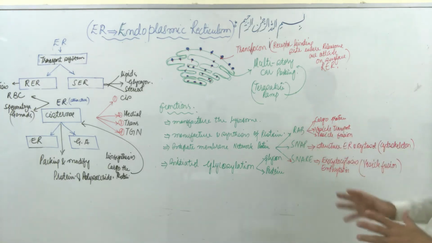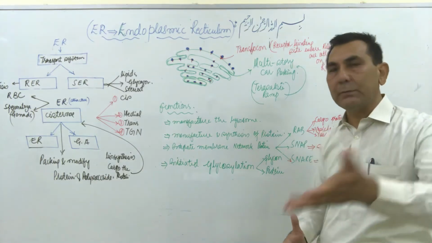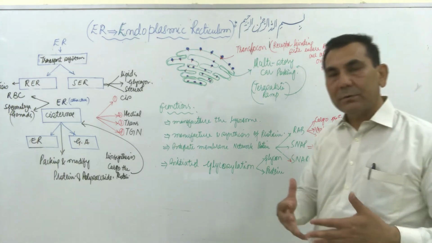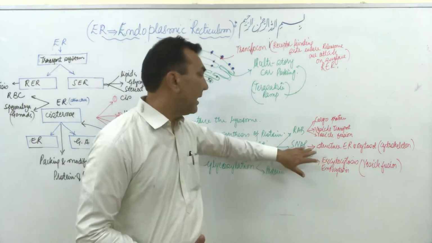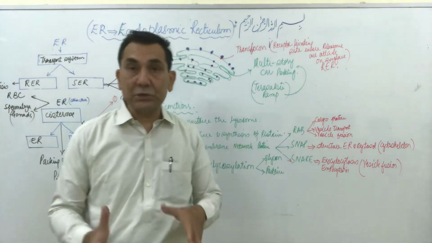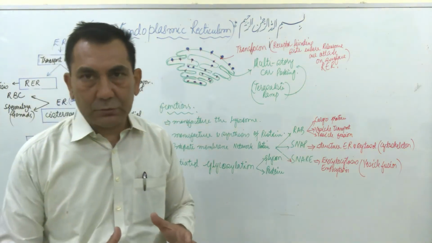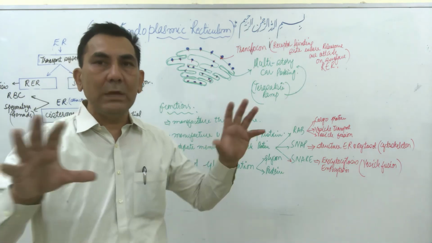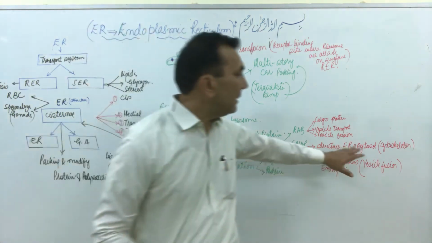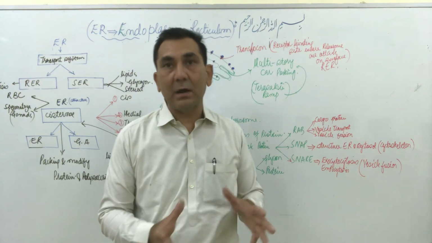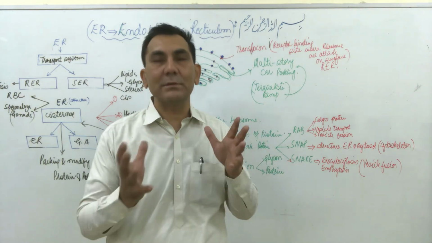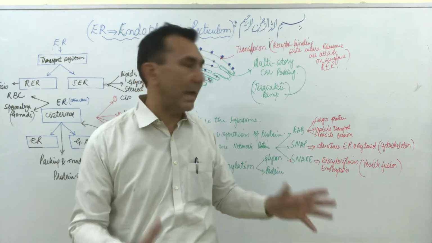The RER is responsible for the cargo of the protein and also vesicle transport. The SNAP is the structure of the endoplasmic reticulum and also of the cytoplasm. It also makes the cytoskeleton, or the skeletal system, of the cytoplasm of the cell.